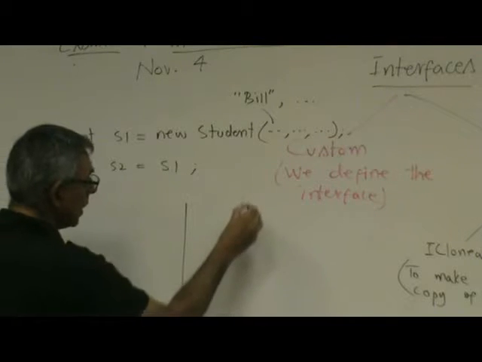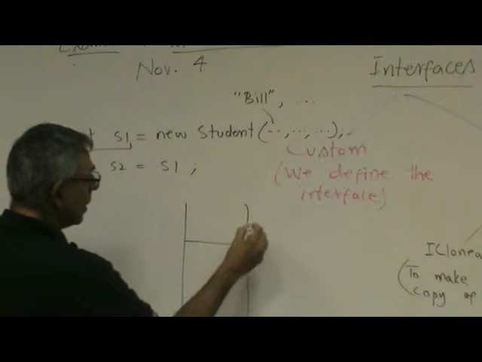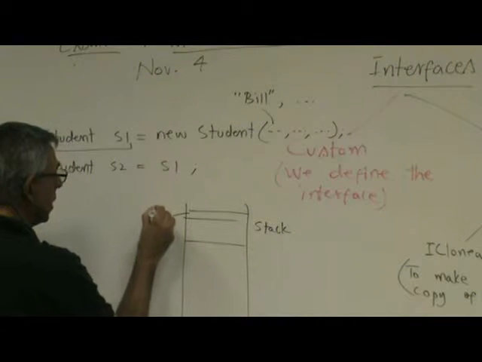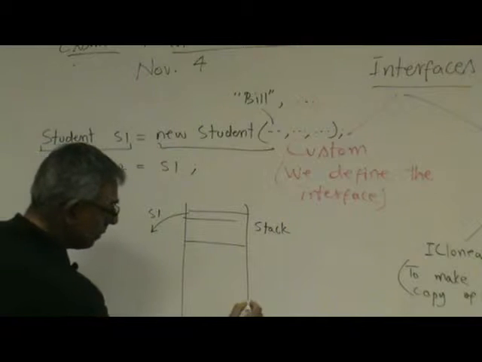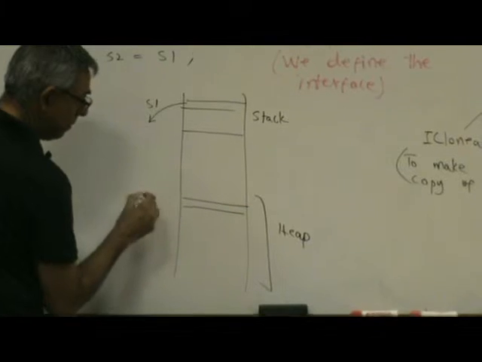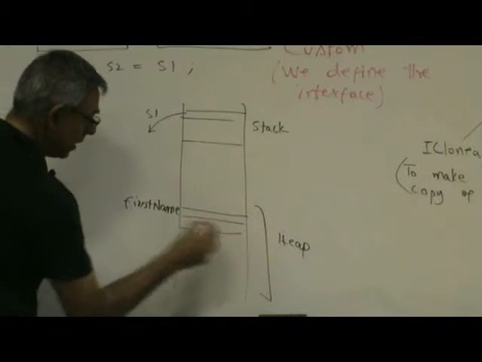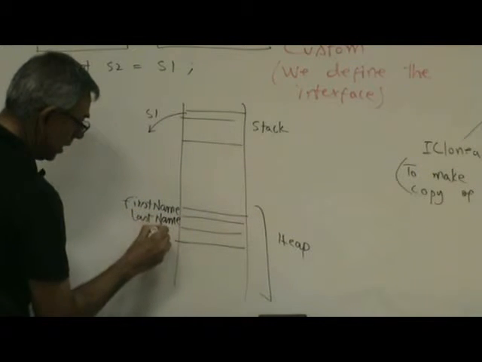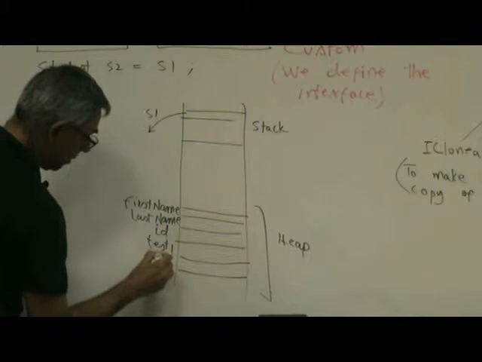To show you, let's take a look at the first line, Student s1. What will it do? It will go to the stack area and create a reference called s1, right? Now let's go to the new Student. So now we will go to the heap area and create memory for the private fields: first name, last name, ID, test1 and test2, right?